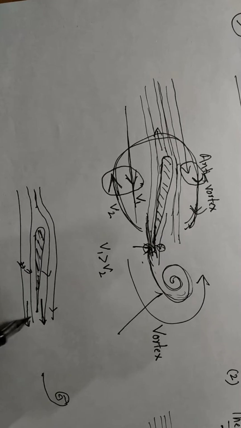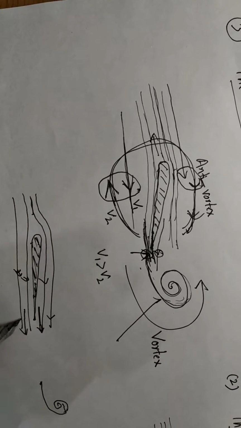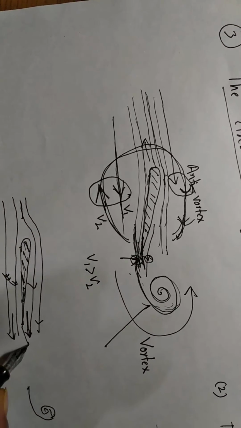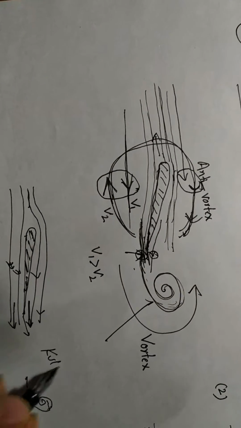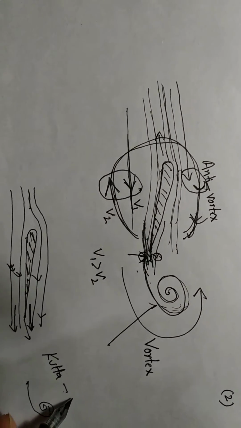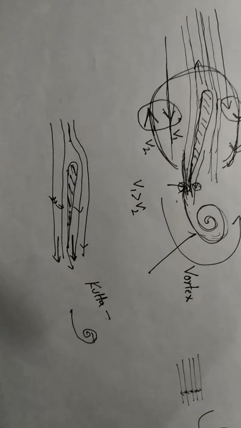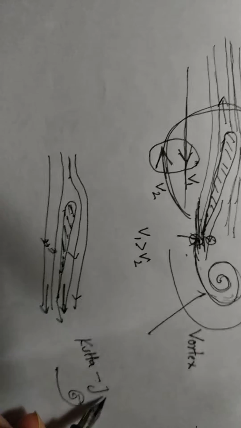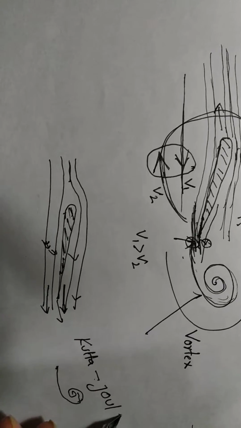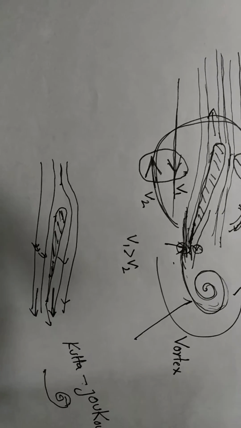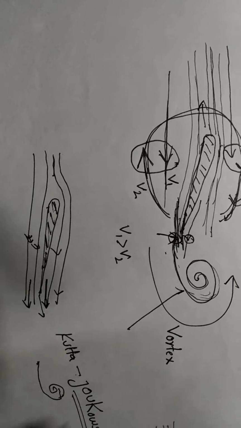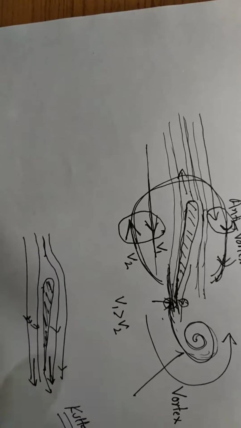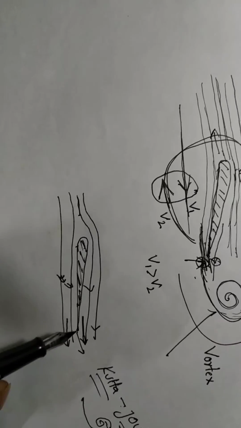Once you have this smooth endpoint, this condition is called the Kutta-Joukowski condition. These are the two mathematicians who pointed out this condition. One of them is the German mathematician Kutta, and the other is a Russian mathematician, who pointed out this peculiar condition at the trailing edge.